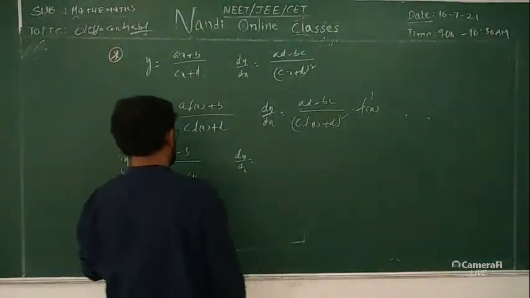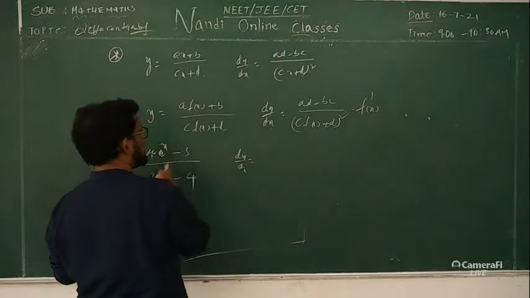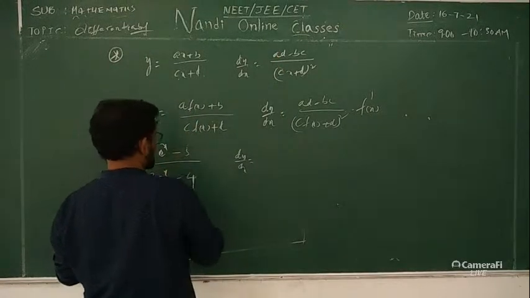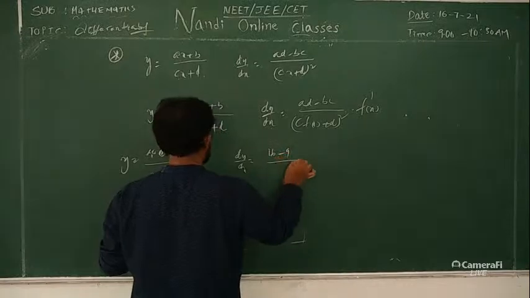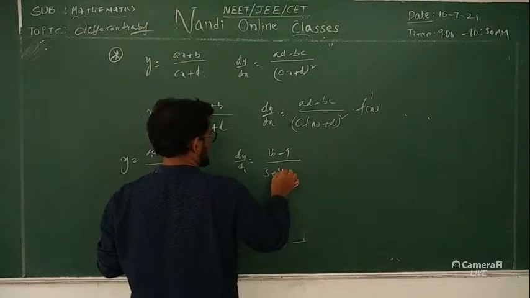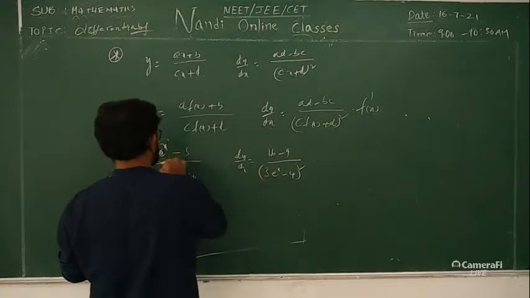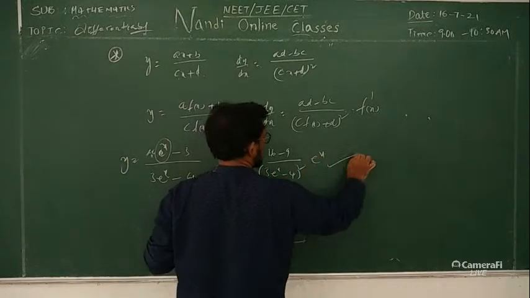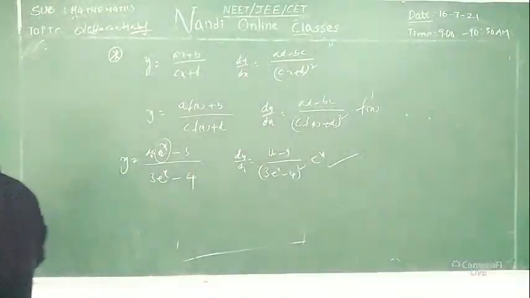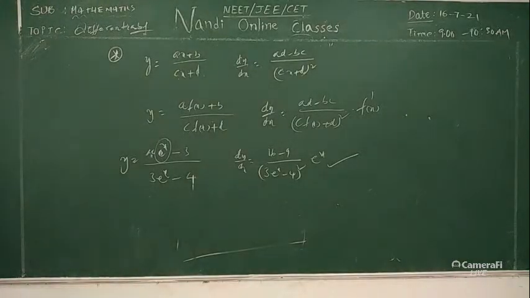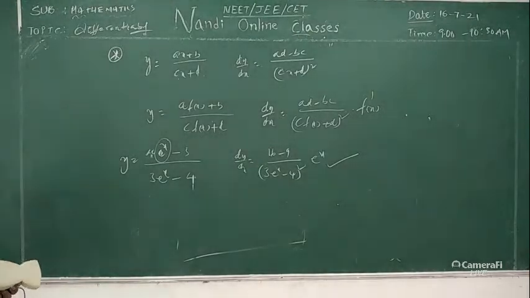Even the shortcut, if you apply this shortcut, it is there in the form of this only, AD minus BC, that is 16 minus 9 by denominator square, into derivative of e power x, which is e power x. That is the answer.